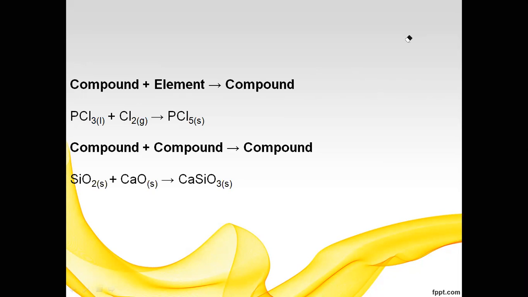So the next type is decomposition reaction. A single compound splits into two or more simpler substances under suitable conditions. So this is purely opposite to the combination reactions.